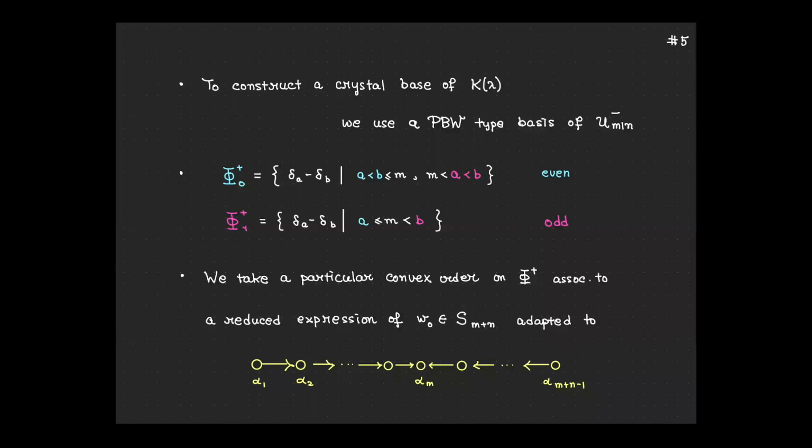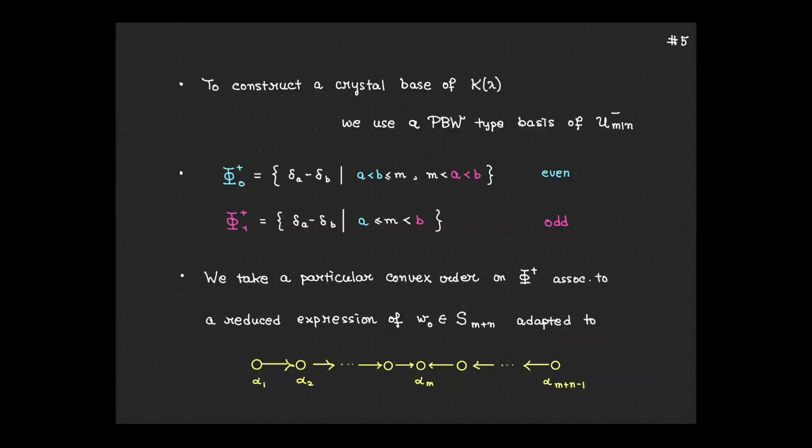Let us recall that the set of even positive roots is given by delta A minus delta B, where the indices A and B are of the same parity. And the set of odd roots are the roots of this form where the two indices are of different parity.